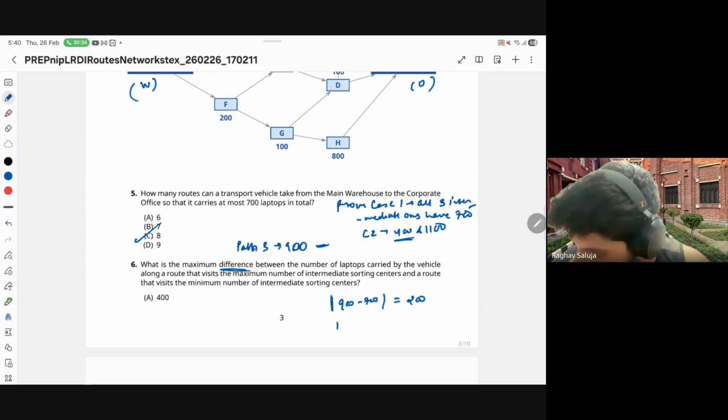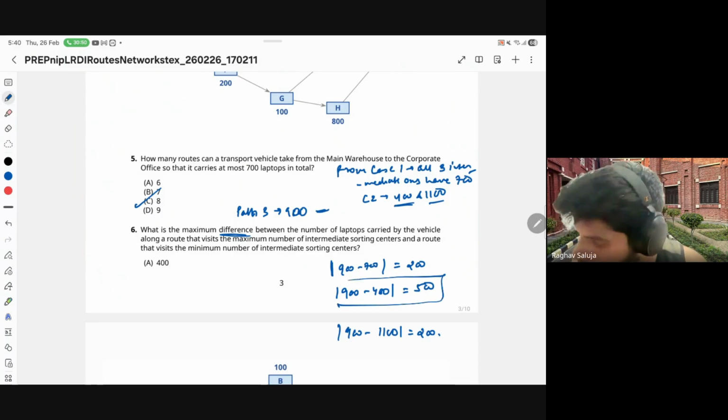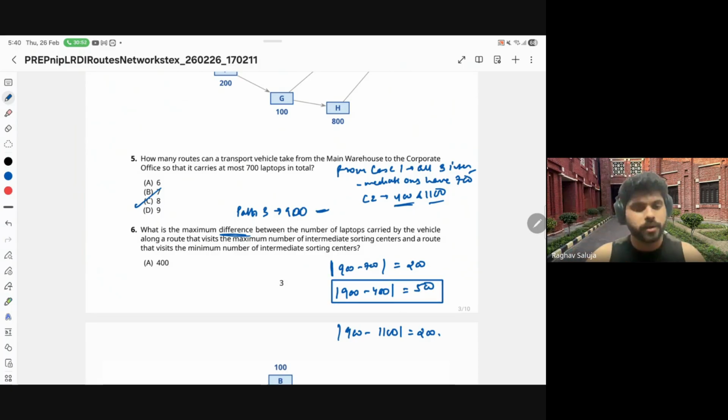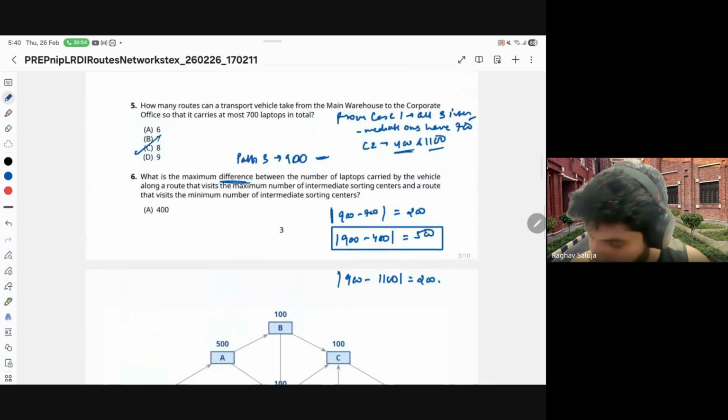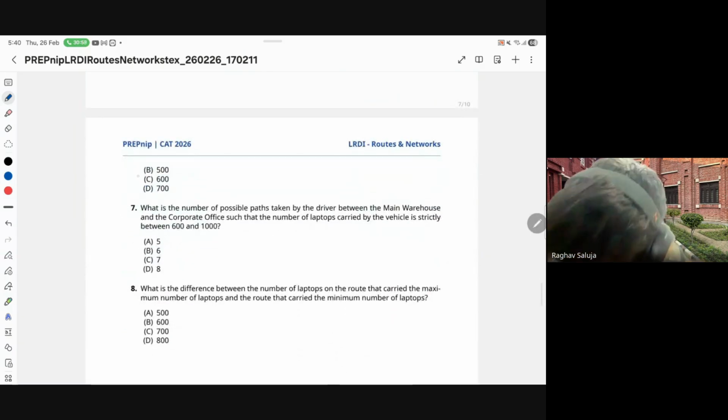From this case, mod of 900 minus 400 comes out to be 500. From this case, mod of 900 minus 1100 again comes out to be 200. So what is the maximum difference? 500. So your answer here is 500.